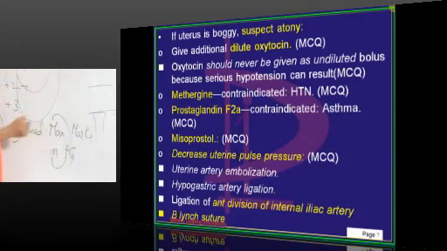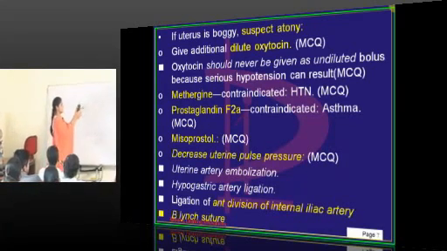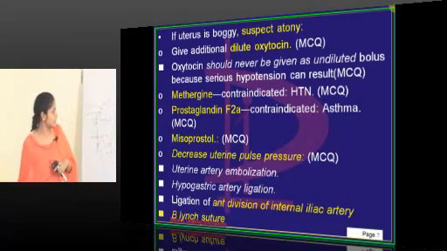Next. Internal pudendal. So this is the clue: superior vesical, inferior vesical, obturator, middle rectal, gluteal, internal pudendal vessels. Which was asked. Anyway, you will deal with that in anatomy. It's no more my topic. I just told you so you can remember the anterior division of the internal iliac artery, not the posterior division.